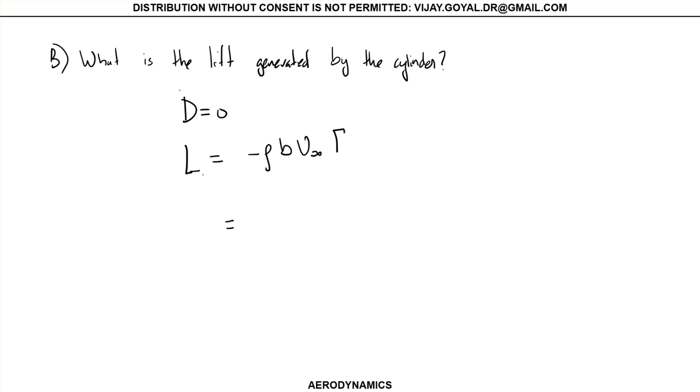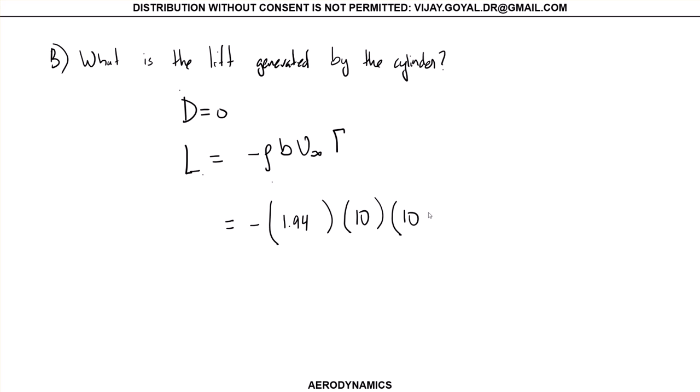They're given in my problem. The density gives me a value of 1.94 slugs per cubic foot. This is 10 feet, the length of the span.